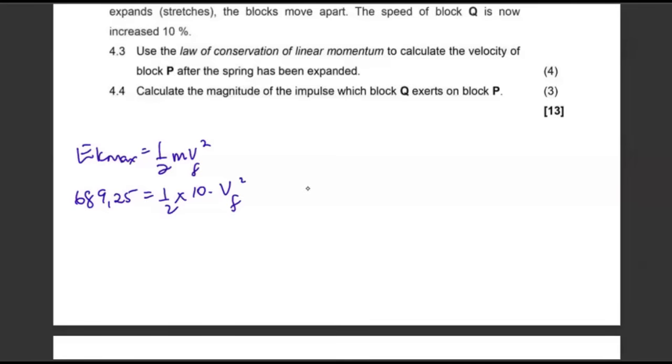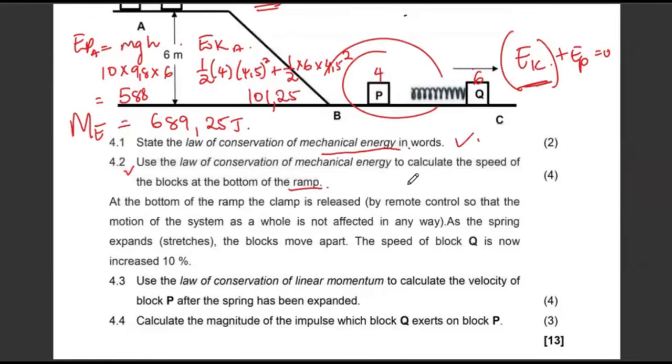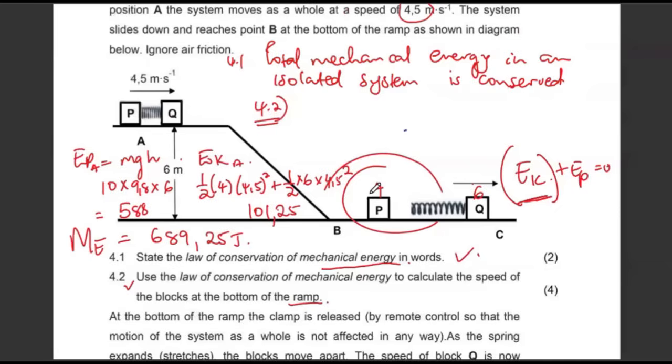So that's going to be 5. I'm dividing 689,25 by 5 and then finding the square root to get my v final. Punching that into the calculator, we get 11,74 meters per second. So that is how we would have obtained those 4 marks, by just comparing the energies at the different points.